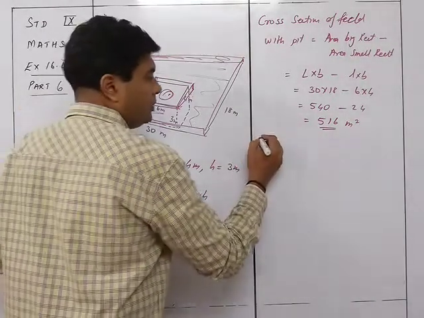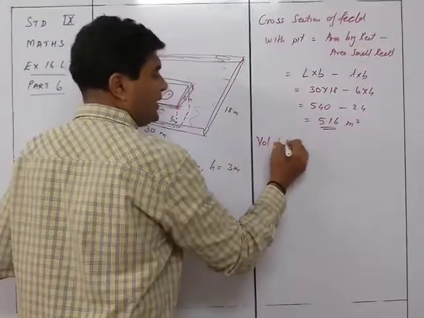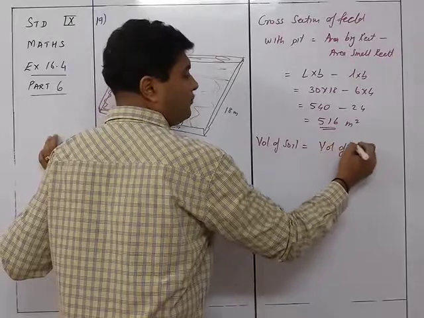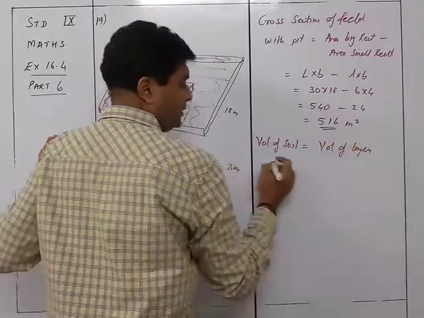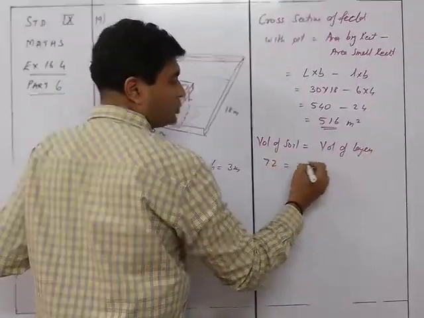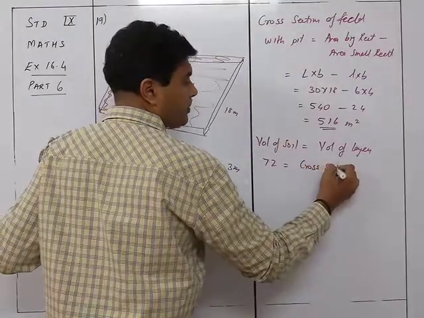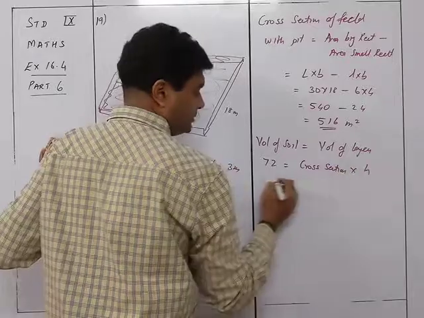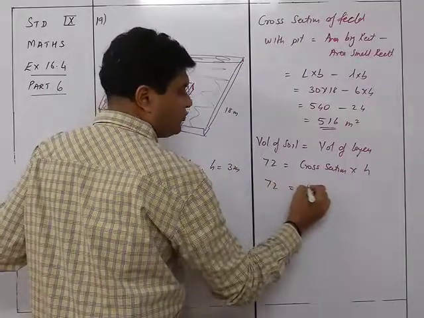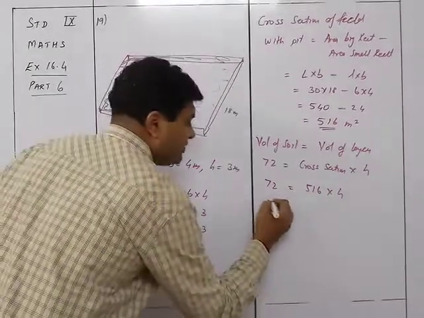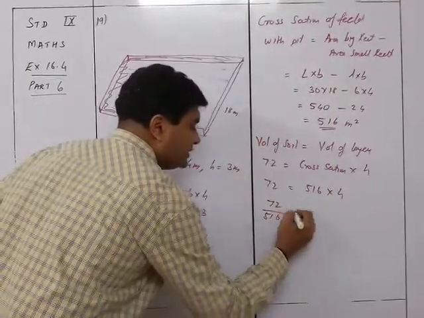So now the volume of soil is equal to the volume of the layer. So that is 72 is equal to cross section into height. So 72 is equal to 516 into height. So 72 upon 516 is equal to height.